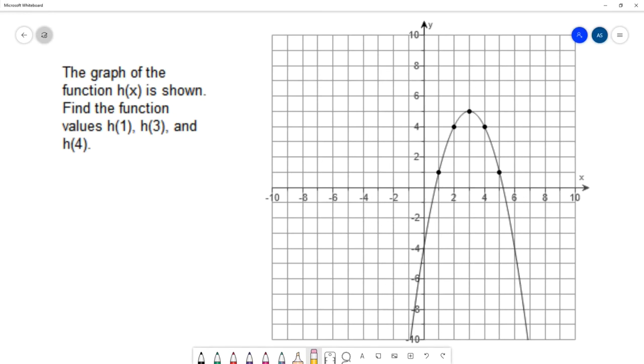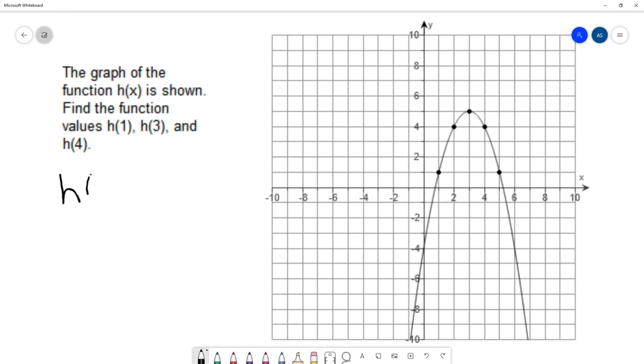With this example, we're given this graph on the right-hand side, and the graph represents the function h of x. So the graph of h of x is shown. We want to find the function values h of 1, h of 3, and h of 4. So the hardest part of this question is just understanding the notation.